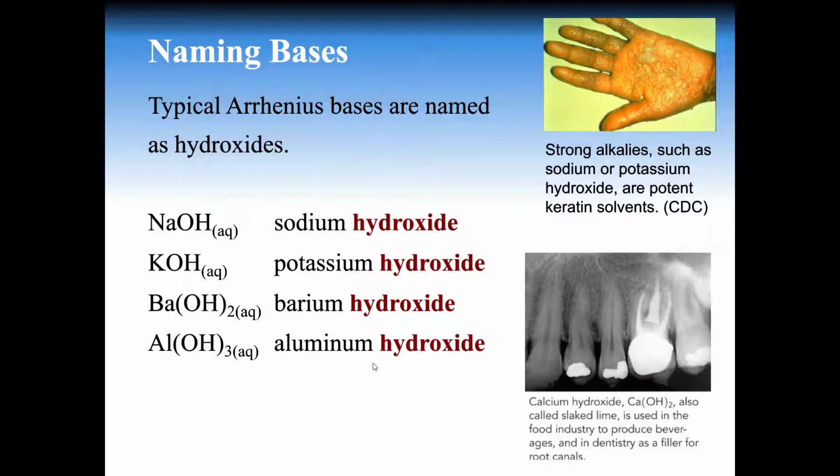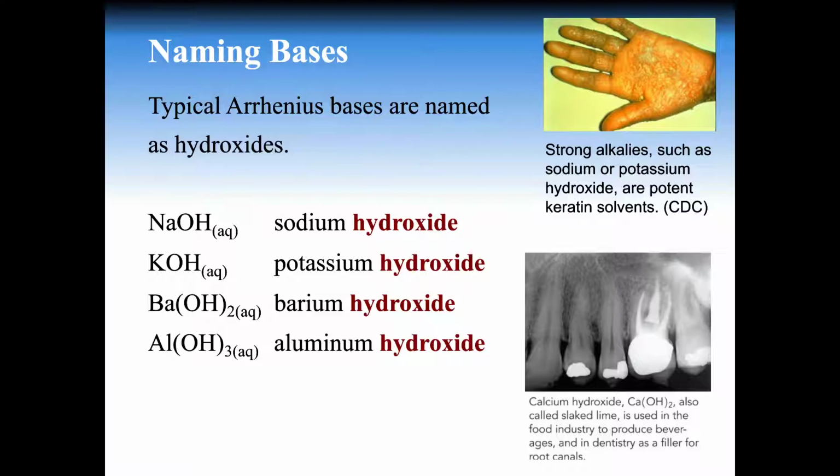All right, so here are some common bases. You'll notice that whatever the first element is, you name that element and then just say hydroxide. You don't have to tell me how many hydroxides, dihydroxide, trihydroxide. You balance it based on the charge. We said hydroxide has a 1 minus charge. So when I balance it with sodium, which has a 1 plus charge, I only need 1 hydroxide.